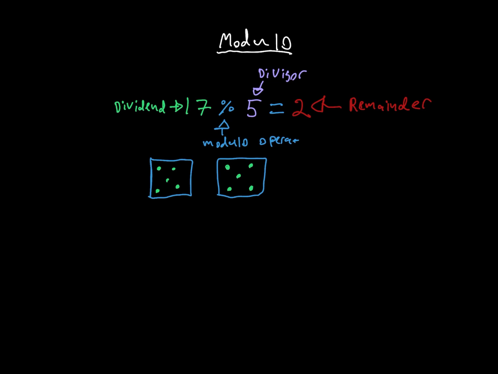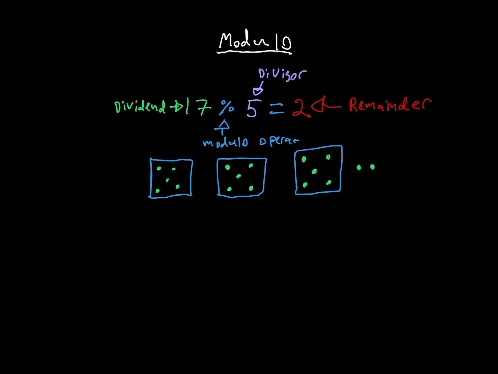We're left with 7 cookies. That means we have enough to fill another bag. We're left with 2 cookies. 2 cookies isn't enough to fill a whole bag, so that means 17 mod 5 leaves us with 2.